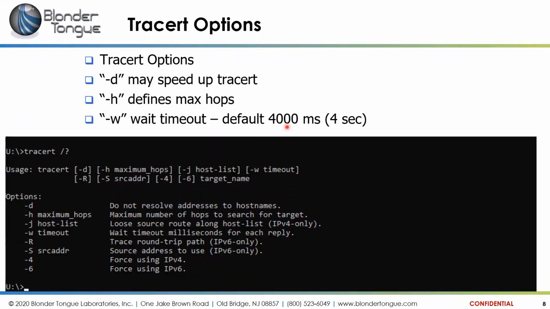Then there's the maximum number of hops to search for the target. If I only wanted to try to hit Yahoo with 10 hops instead of 18, I might put the -h switch there to limit my number of hops. And then the wait timeout: how long am I going to wait before I time out and move on, trying to get another route to my destination. The default is 4 seconds.